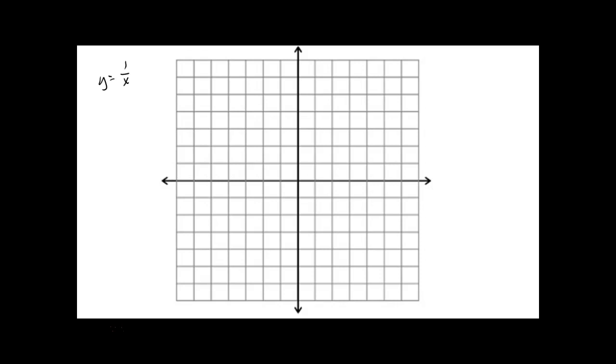The interval could not cross x equals 0. So you'd have to be in some interval to the left or some interval to the right of your vertical asymptote. You cannot include the vertical asymptote. So this would graph to be something like this.